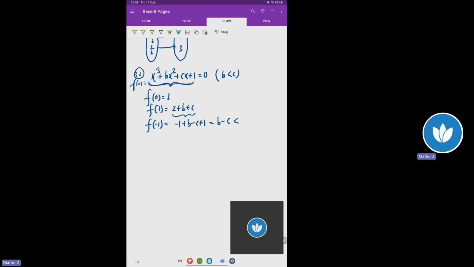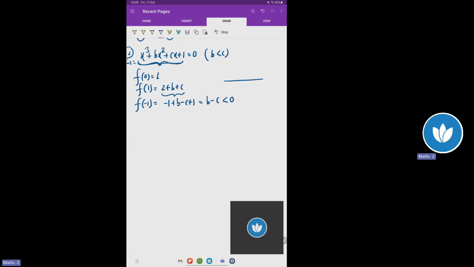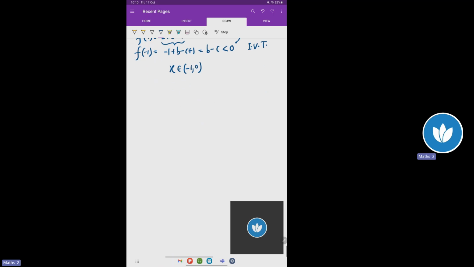And obviously b is less than c, so this is negative. So f of 0 is positive and f of minus 1 is negative. So obviously one root would be in between, from the intermediate value theorem, as you all know. So its root should be from minus 1 to 0.